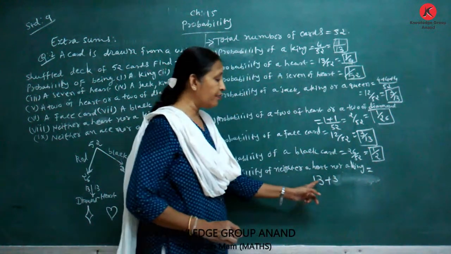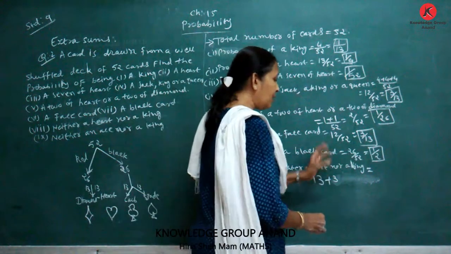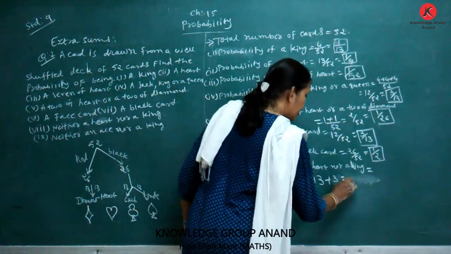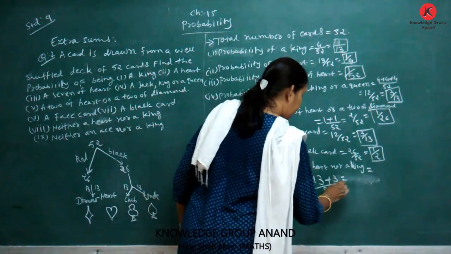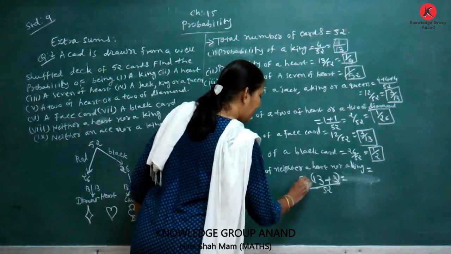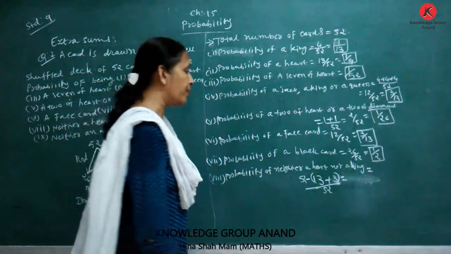Because one king is included in this heart. Remaining club, diamond and spade. Remove 13 plus 3 from 52 cards. Neither, that means if these cards are removed.